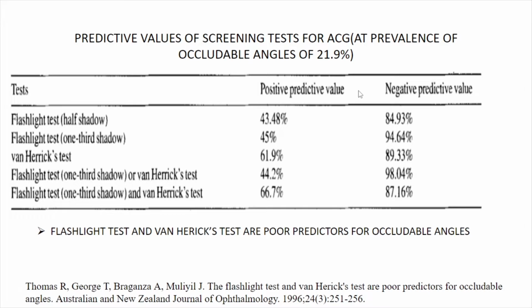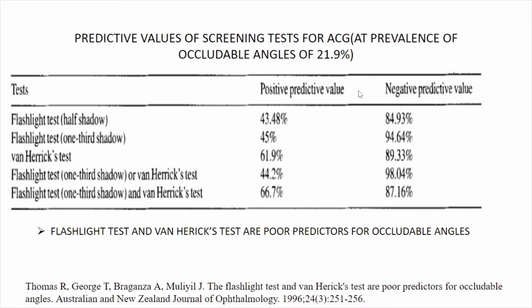You can see that the prevalence of occludable angles is 21.9%. So it depends on where you are doing this test. If you're going to do it in a population more than 40 years of age, where the prevalence is around 6 to 7%, this may not be true. There it may be variable. In a clinic population, especially a glaucoma clinic population, you may end up seeing much more prevalence than this, and so you may be much more confident in looking at this data.